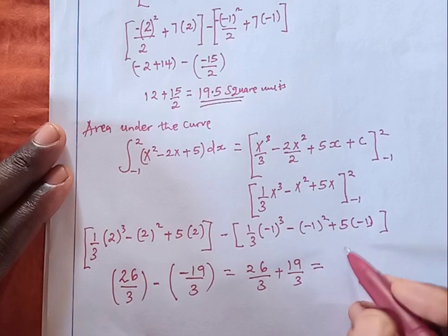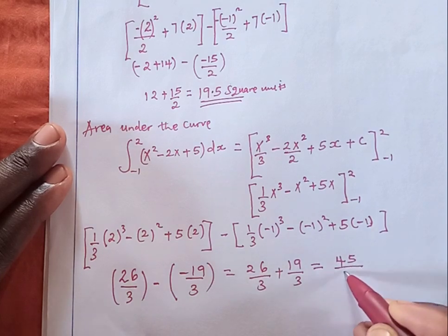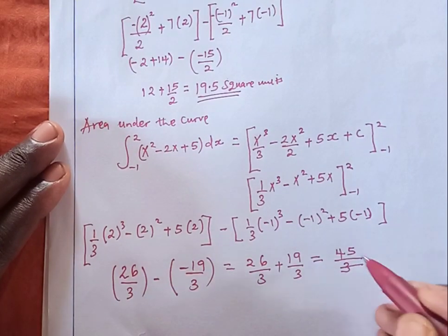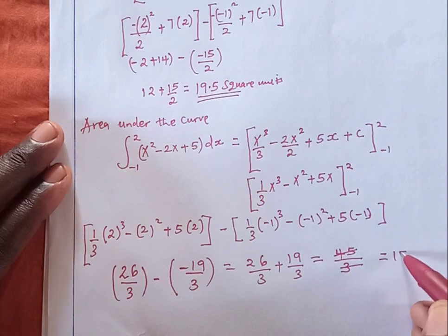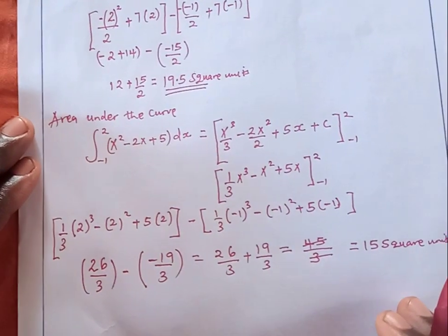Adding the numerators gives 45, with the denominator remaining 3. 3 goes into 45 fifteen times, so the area under the curve is 15 square units.